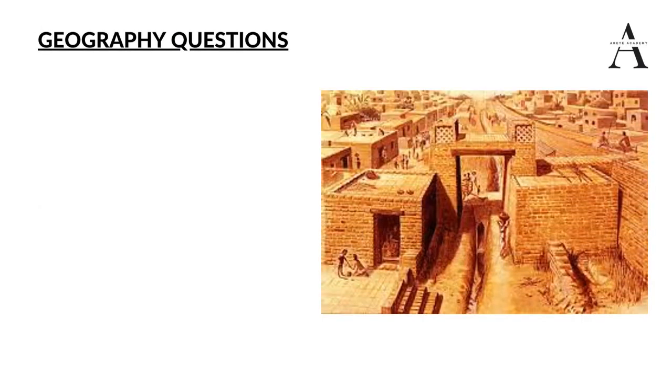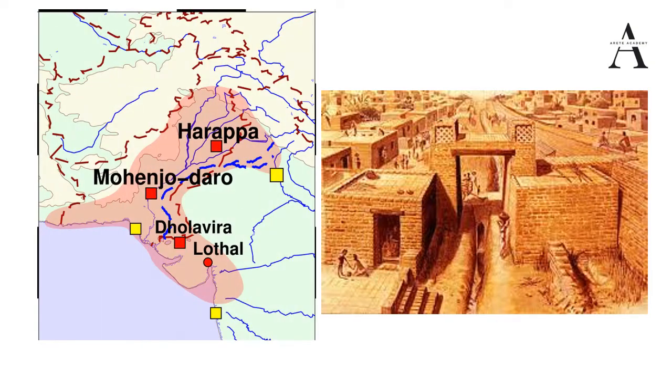The Indus Valley civilization and its major cities such as Harappa, Mohenjo-daro, Dholavira, Lothal are all located on the tributaries of the Indus River system, and thus it plays a very historical and cultural role in human habitation and human evolution as well.